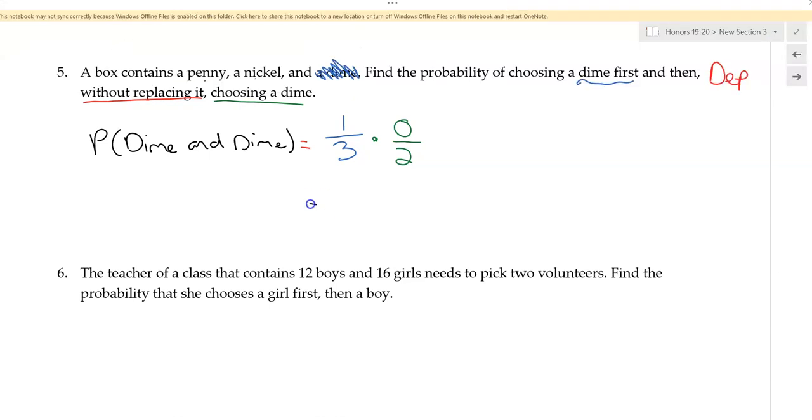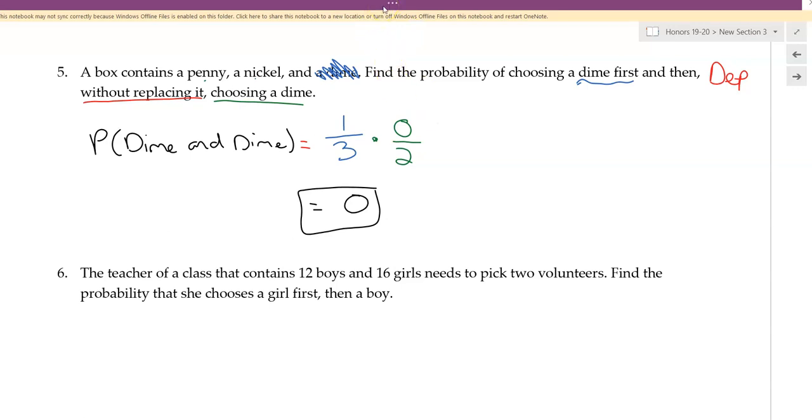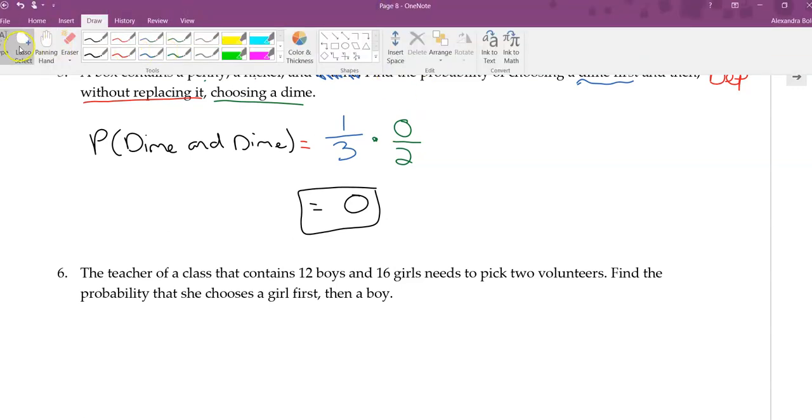So the probability of choosing 2 dimes out of your pocket is 1/3 times 0 divided by 2. Anytime there's a 0 in that calculation, the answer will be 0. So there is no probability of choosing 2 dimes.